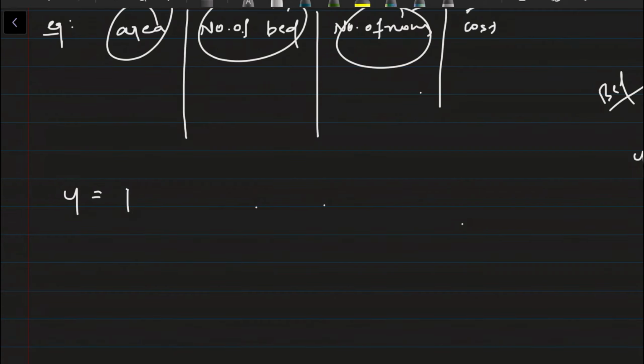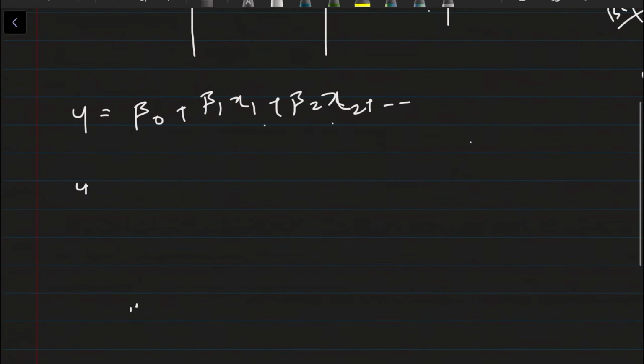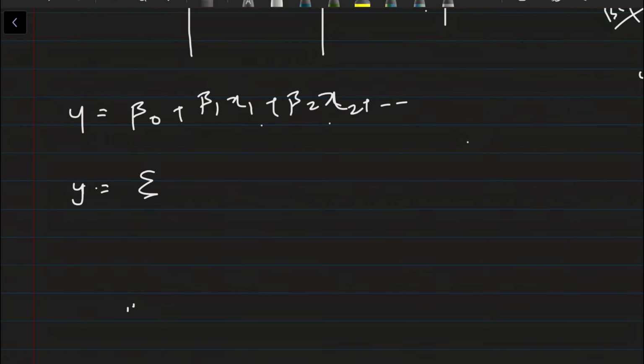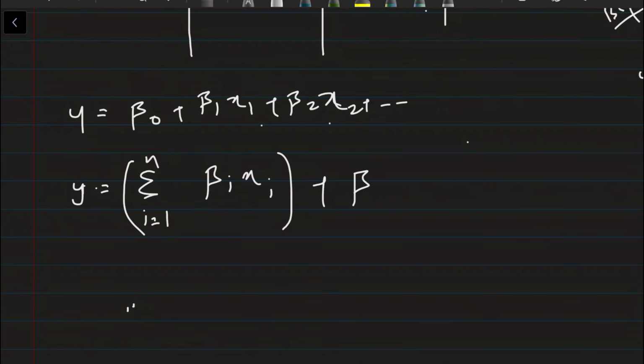So it is represented as y equals beta naught plus beta 1 x1 plus beta 2 x2 and so on. It is accumulated as y equals summation i equal to 1 to n of beta i xi, plus beta naught. This is the formula of multiple linear regression.